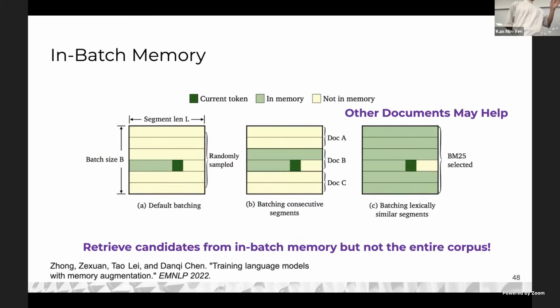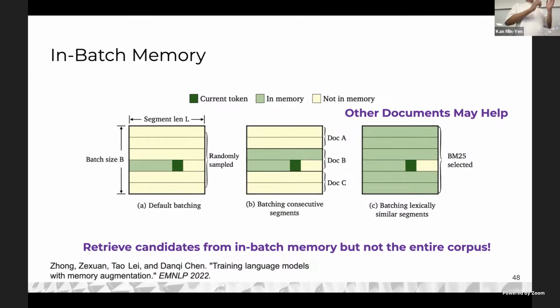Here are 3 batching paradigms. The first one is the very original one, where the samples inside a batch have no relation because the samples are randomly sampled, and we name it default batching. So here we cannot use any other samples from the same batch for the memory construction. The other one is batching with consecutive segments.